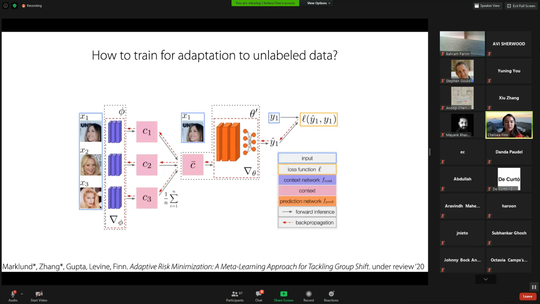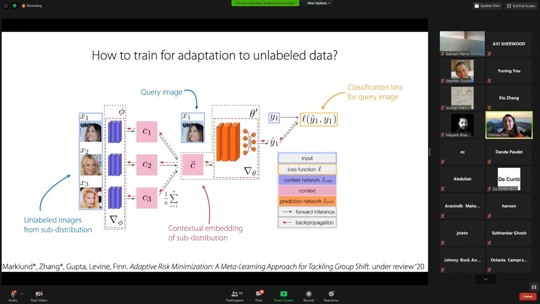So in particular, our architecture will look like this, where we take unlabeled images from our subdistribution, then pass this into a neural network and aggregate this information into a contextual embedding of the subdistribution. We'll then combine this with the query image, which will be used to predict y hat, an estimated label for that query image. And then we'll compare that prediction with the correct label to perform the classification loss for the query image. Then we'll train this network end-to-end for a variety of different subdistributions that we sample from the data.